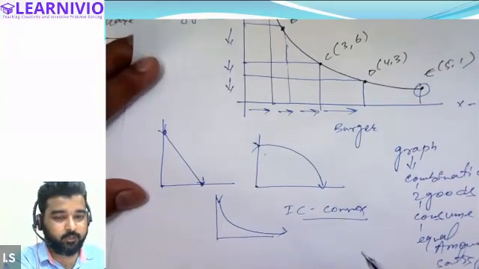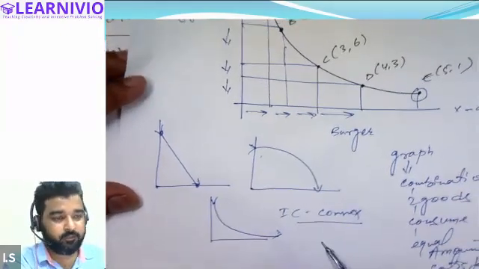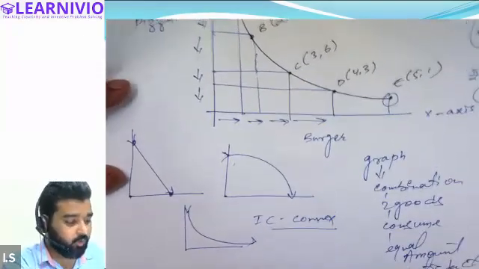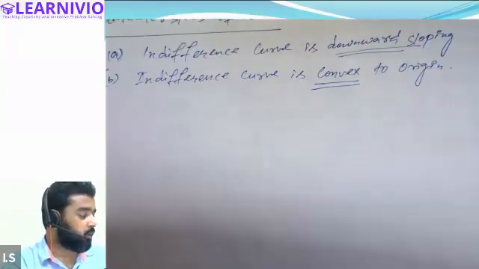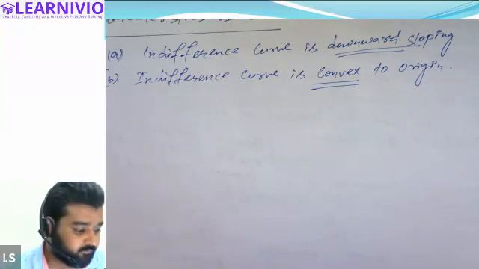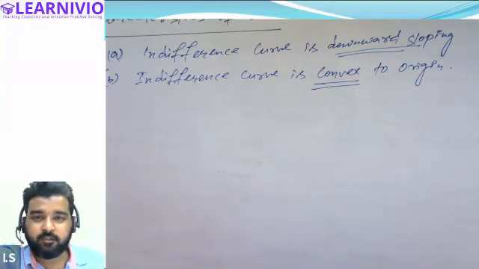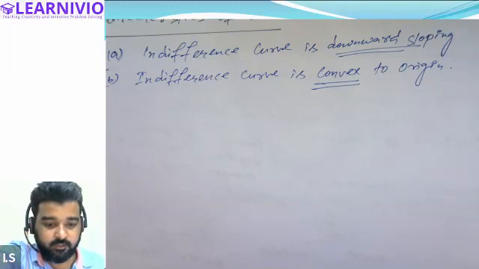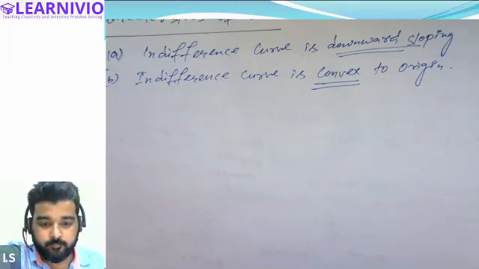So just because it is going left to right, it does not mean that it will form a convex shape curve. It is a convex shape curve because of the marginal rate of substitution. Remember and listen to me carefully. Indifference curve is convex because of the diminishing marginal rate of substitution. Let's look at the table once more.